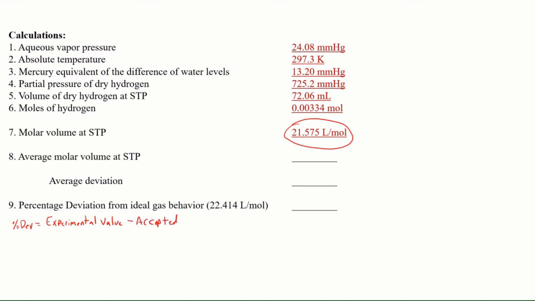And our accepted value here is 22.414. That's a number you should memorize. Divide by the accepted value. Multiply by 100. My experimental value is 21, because right now I only have one trial. If I had two trials, I would use the average, but because I have one trial, I will use the trial that I have.